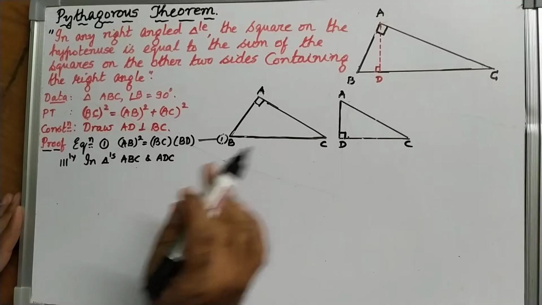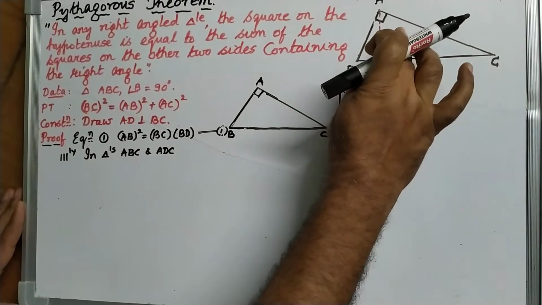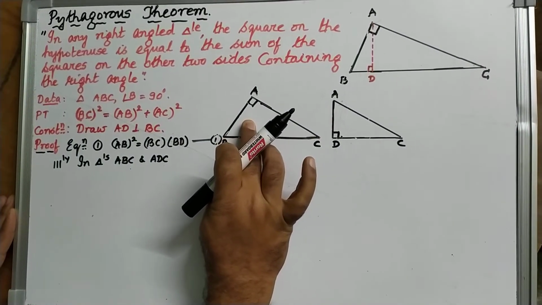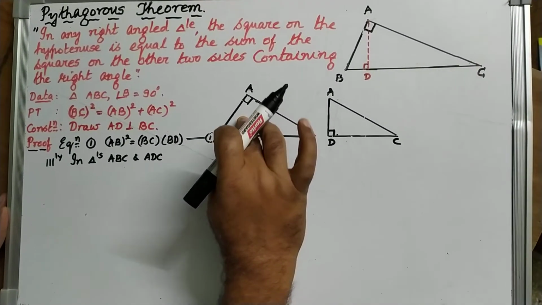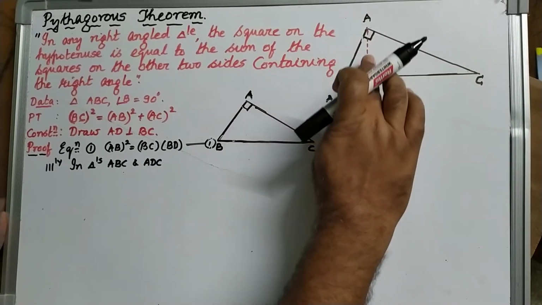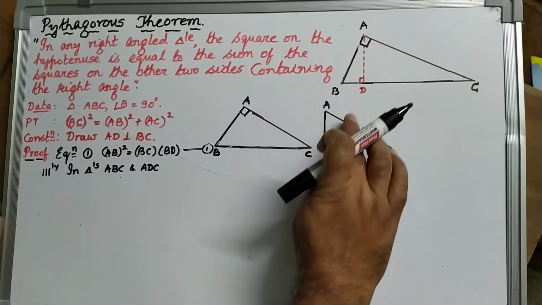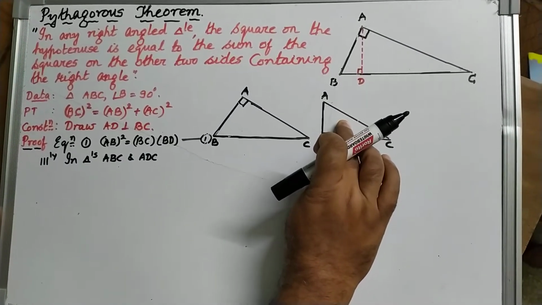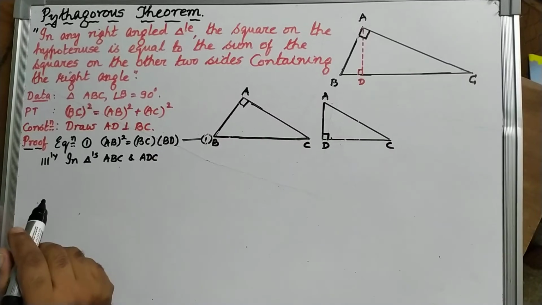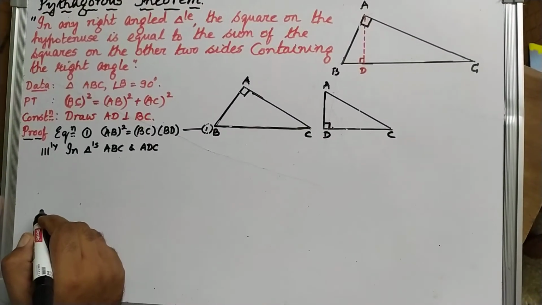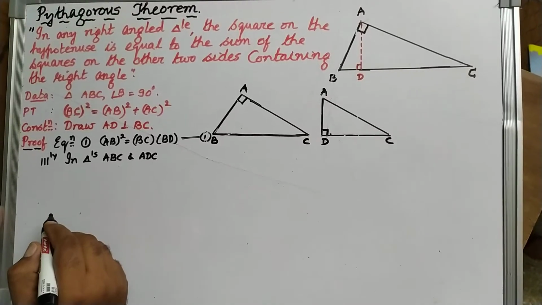So for that, I will drag the original triangle ABC, and then the second right angled triangle which we have got after drawing the perpendicular ADC, I am dragging it and placing it separately. This is for you to understand the proof well.